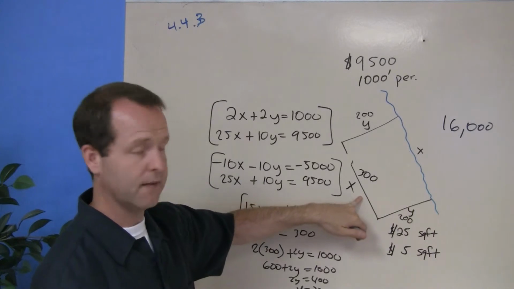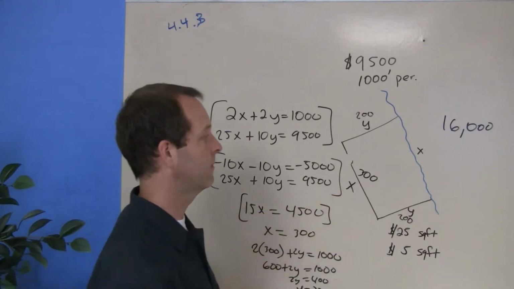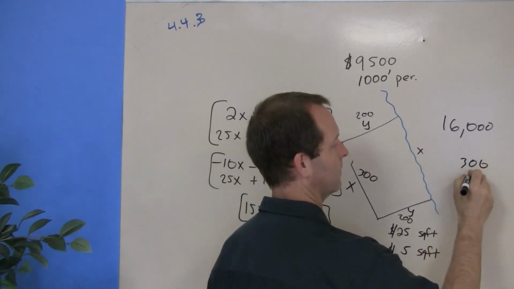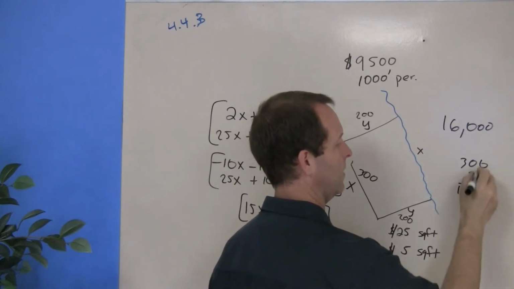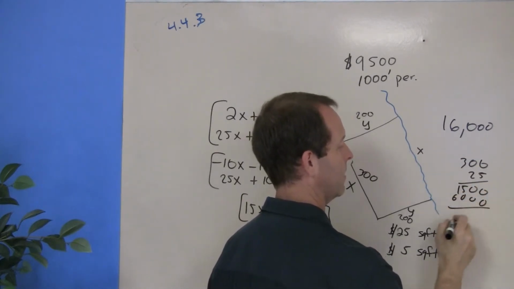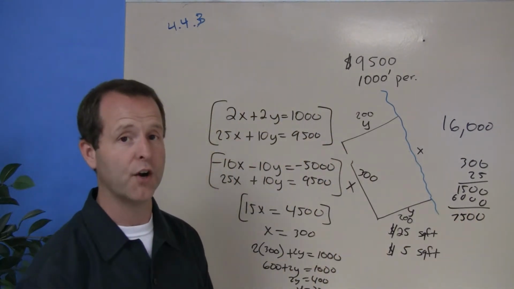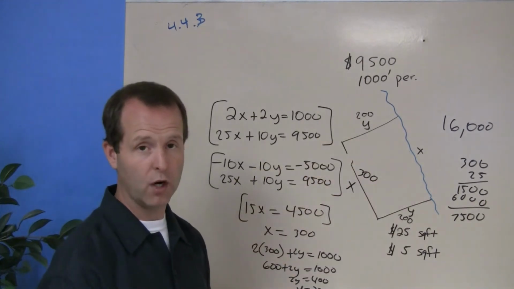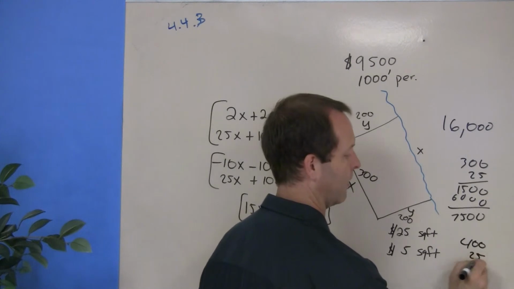We already know how much I spent here. That's 25 times 300. I need some more working space over here. That part cost $7,500. Well, I have 200 feet and 200 feet over here, which is 400. So how much would 400 feet of the 25 cost?